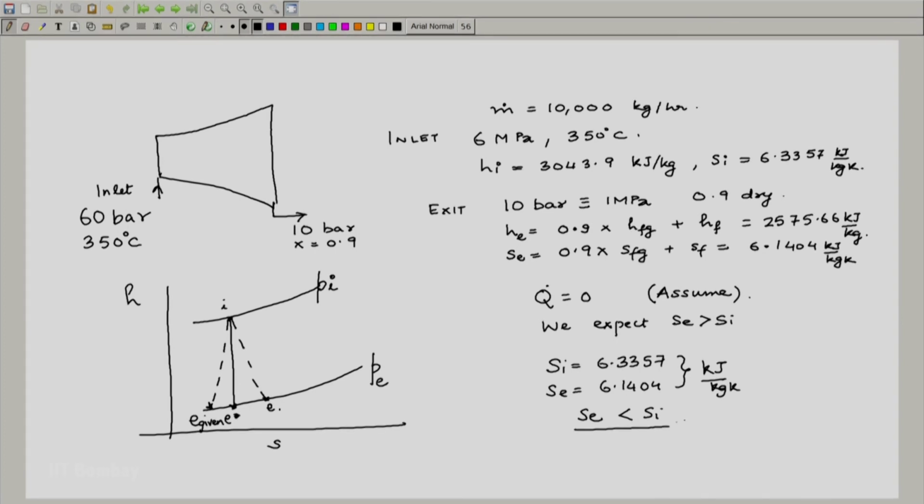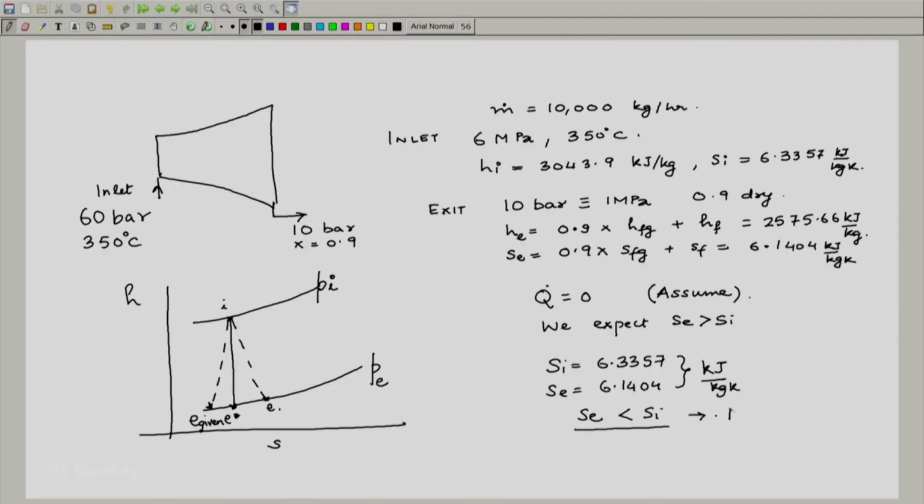So, this is just not possible because we have assumed Q dot is equal to 0, which would have meant that SE should have been greater than SI, and we find that SE is actually less than SI, which means this is not possible. What would have been possible is if exit E was equal to E star or greater than E star.